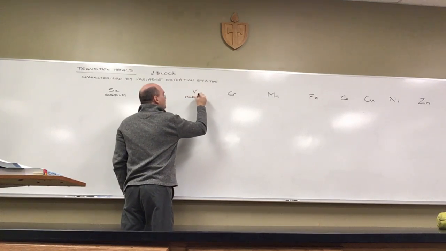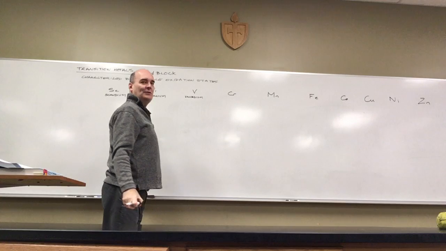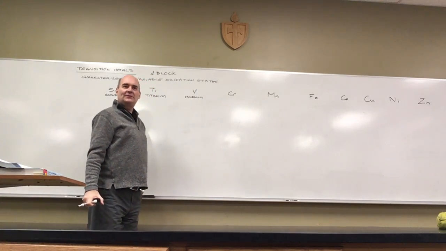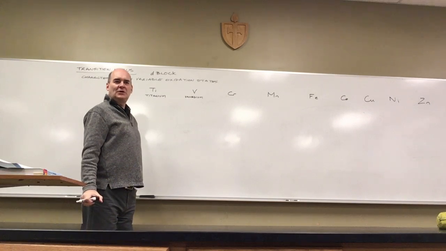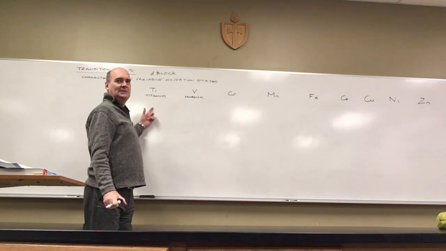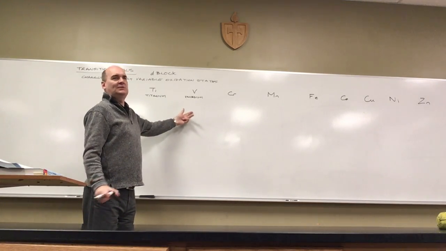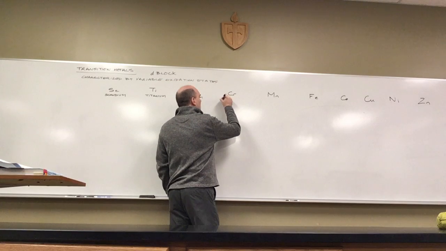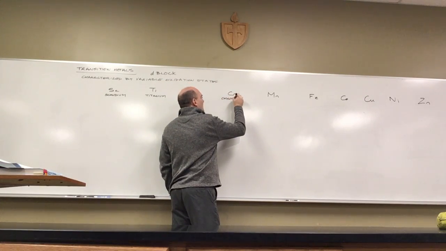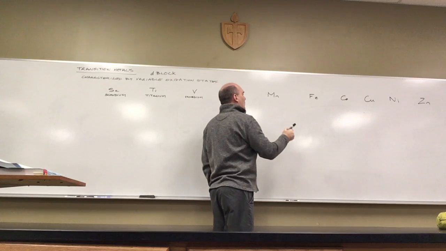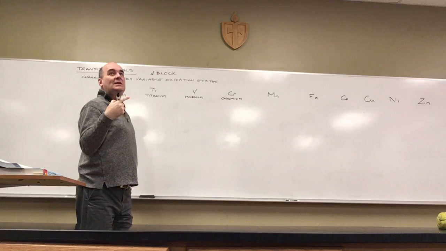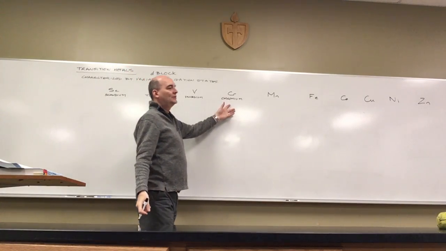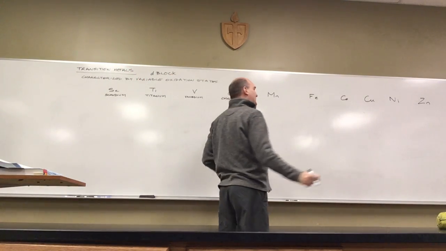And then there's a bunch of elements named after mythological people, as in Titania and Vanadis. And then chromium, from chroma meaning color, which is our first clue. They named this element because it makes lots of different colors.